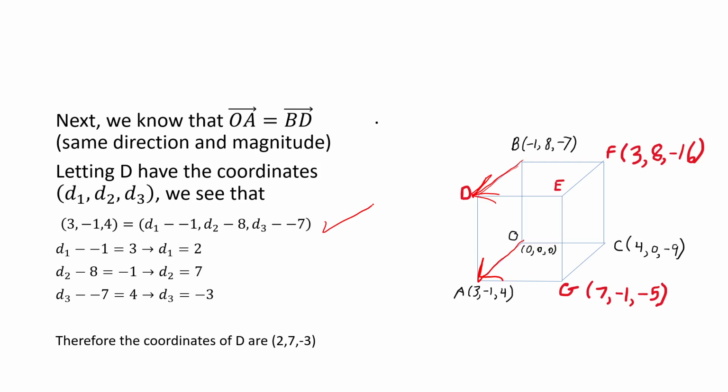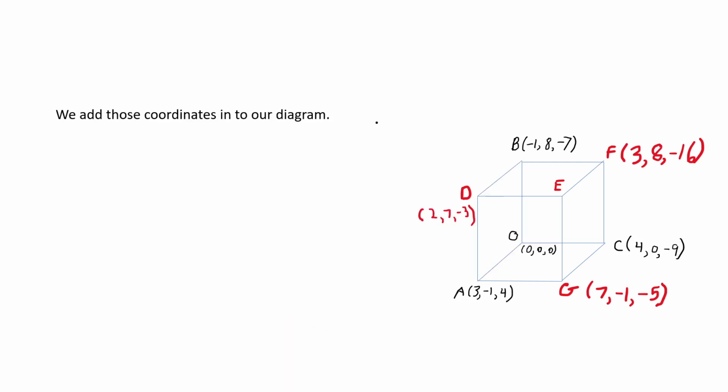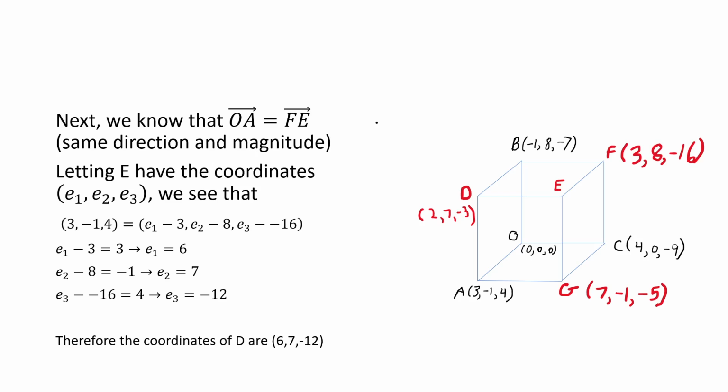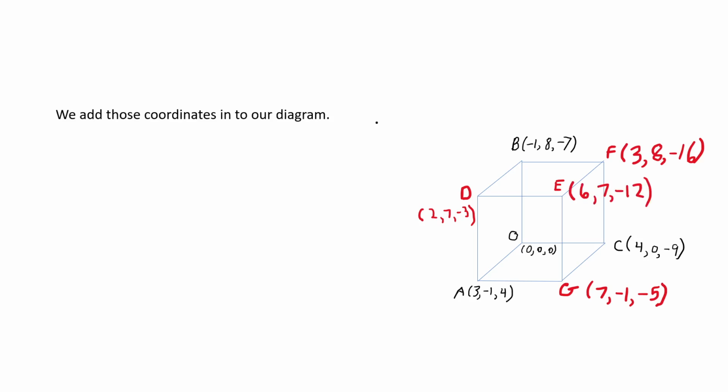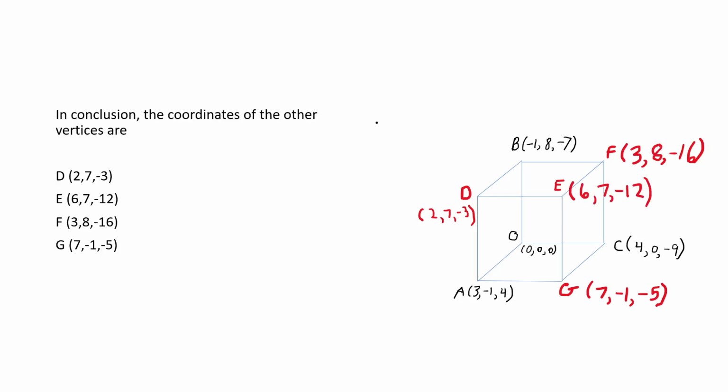And doing some simple solving, we get that the coordinates of point D will be 2, 7, negative 3. And finally, the coordinates of point E, I should say at the bottom here, will be 6, 7, negative 12. Okay. And so we get those coordinates of those points labeled pretty nicely.